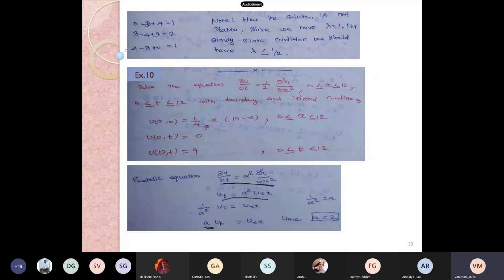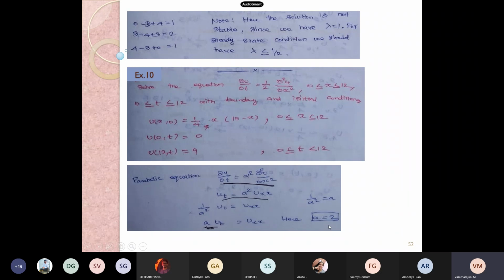As detailed by Siddharthan, ut is equal to alpha square uxx. Therefore, we need to take the coefficient along with ut, so uxx is equal to 1 by alpha square ut. We already considered 1 by alpha square as a, and in the given problem a is equal to 2.